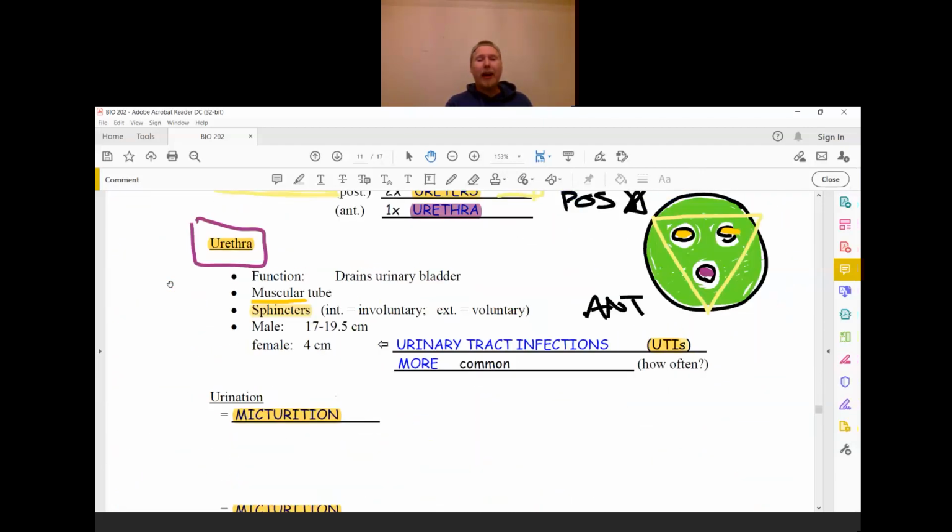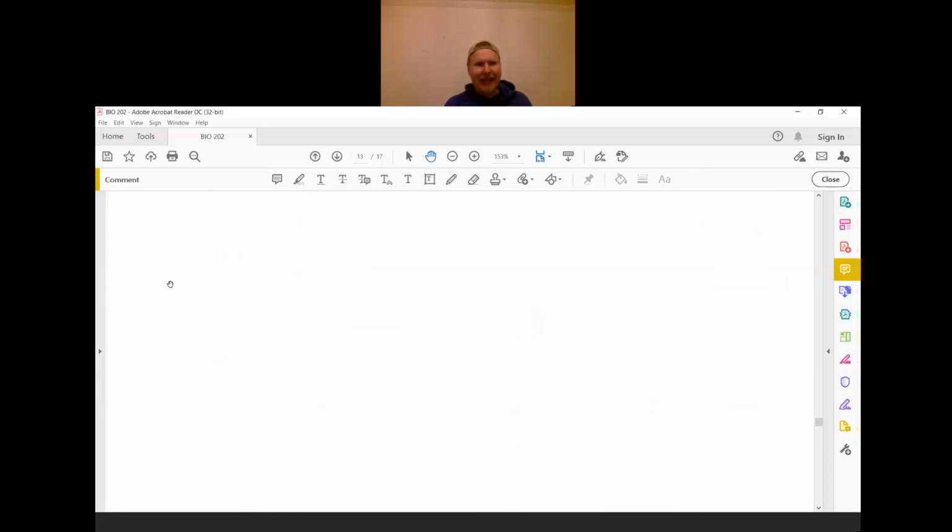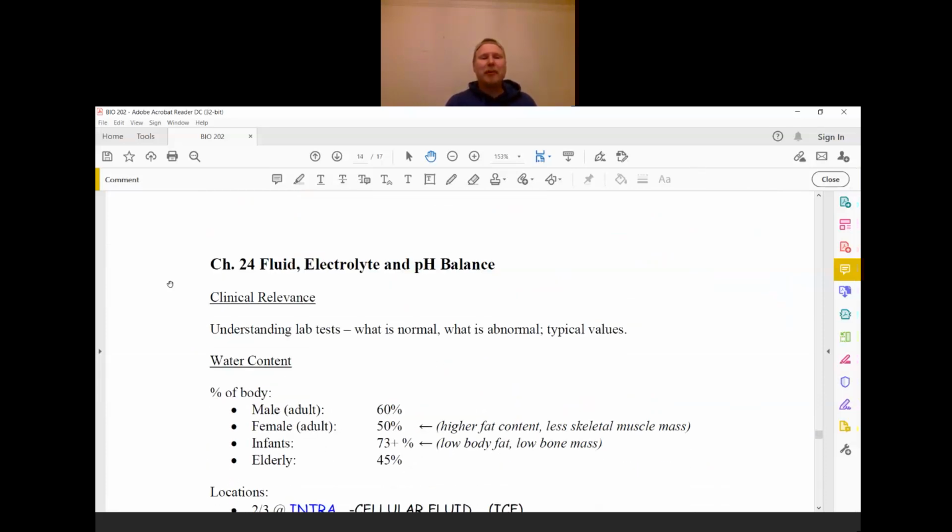And the final chapter that we have to look at is the chapter that covered the fluids, the electrolytes, and the pH of the body and the balance of all of those.